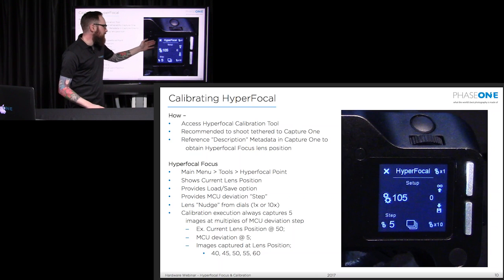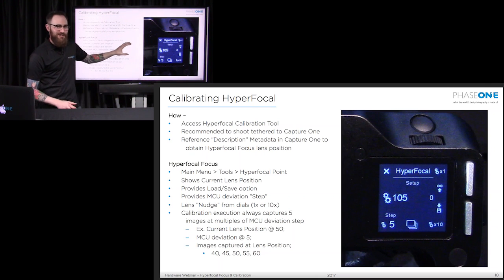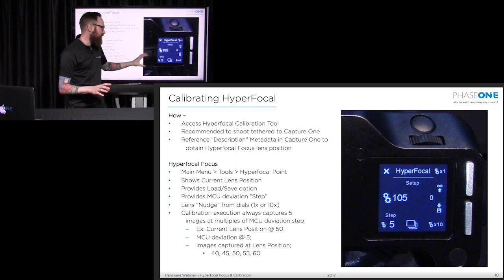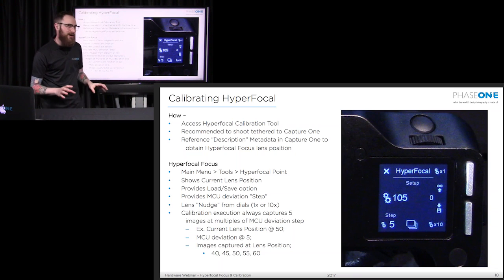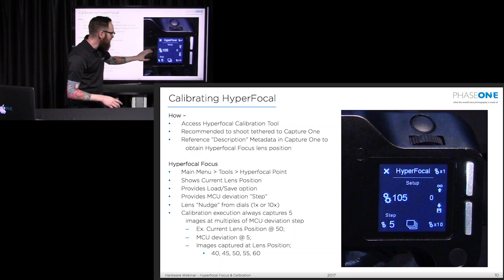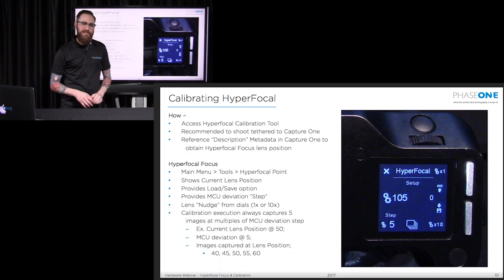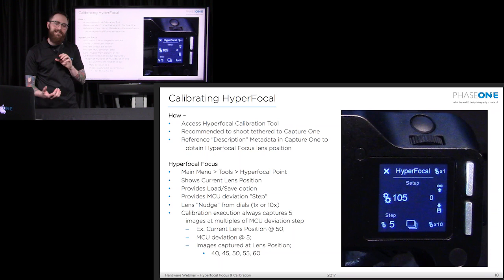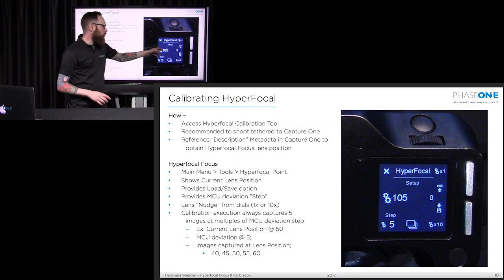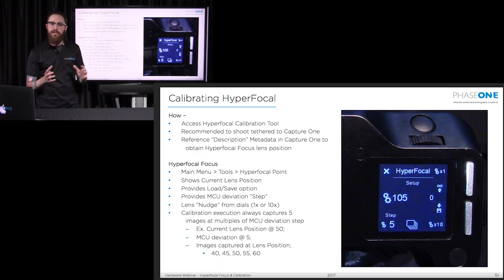The tool has several different values that are represented. So hopefully, just to clarify these for anybody that's curious or confused, these gears here and the value next to it tell you exactly where the lens is in its actual focusing ring, where the focal plane is. So that value 105 will correspond differently on different lenses.